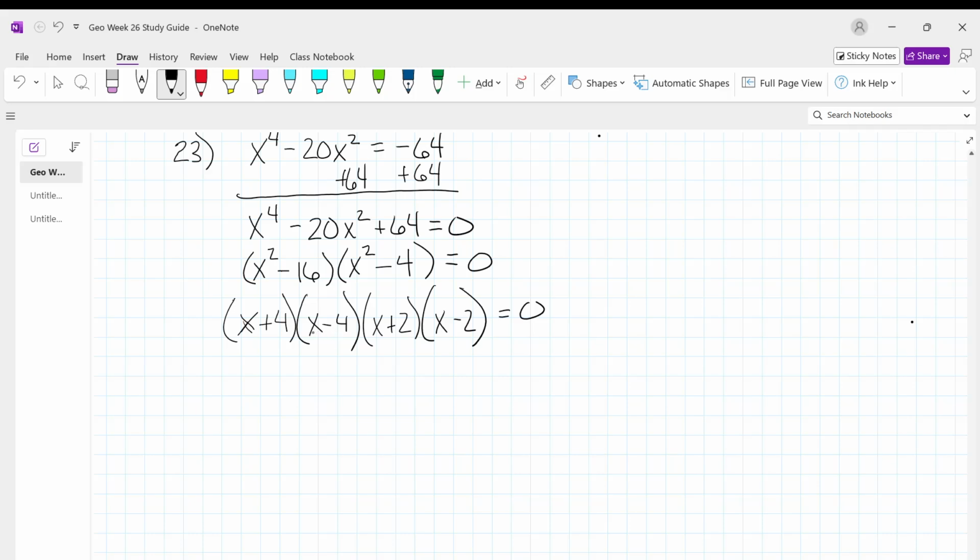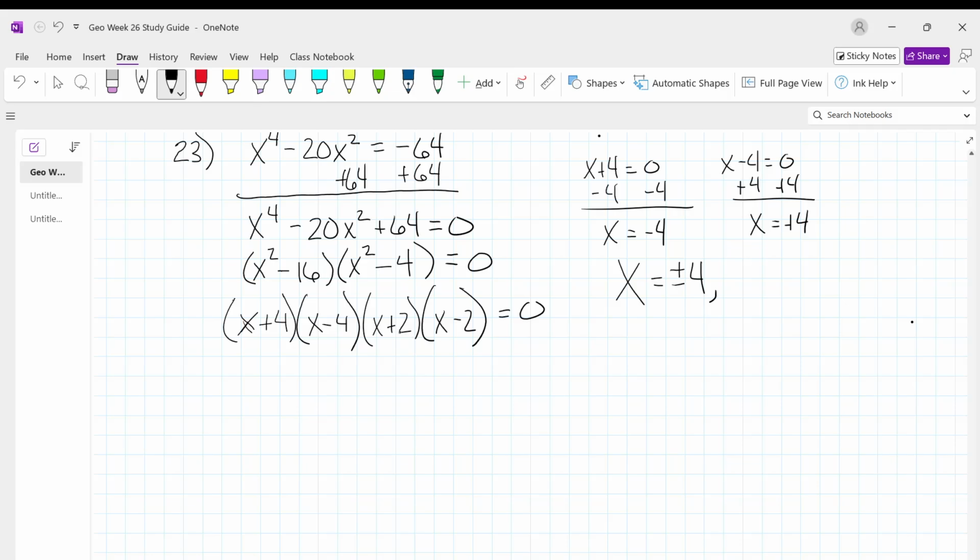All right, so our solutions, if we set all of these factors equal to 0, if x plus 4 equals 0, we subtract 4, then we get an x equal to negative 4. When we do that for the x minus 4 equals 0, we're going to get an x that's equal to positive 4. So our solutions are x can be equal to positive or negative 4.